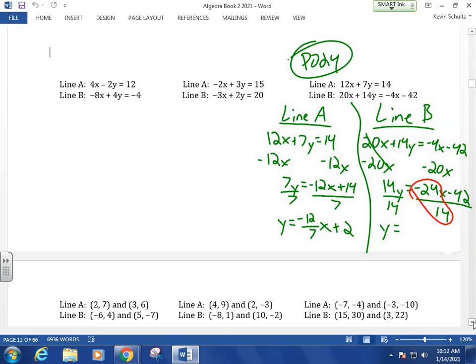What can we do with negative 24/14? Do we care it's a fraction? No. But it is a fraction, so SEPA, we need to simplify it. And what does negative 24/14 simplify to be, Joey? It simplifies to be negative 12/7. And then negative 42 divided by 14 gives us negative 6. Nope, that's not right. Negative 3.